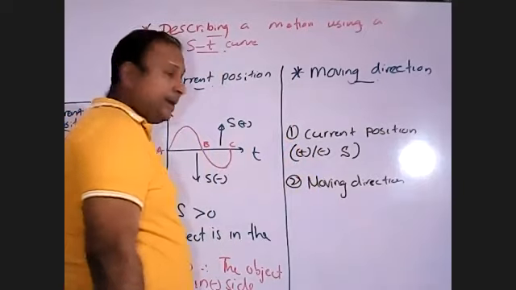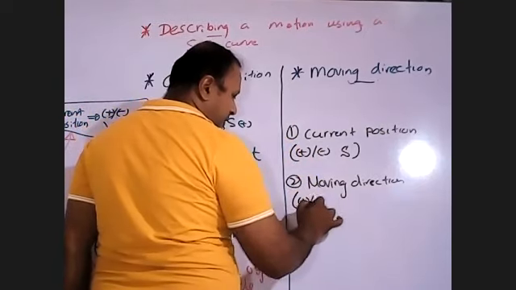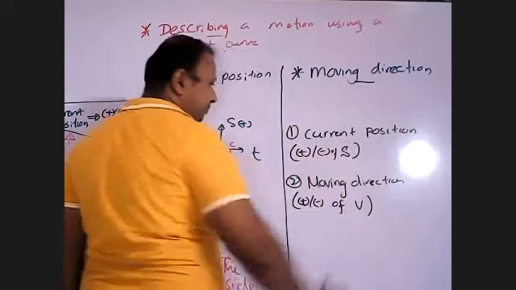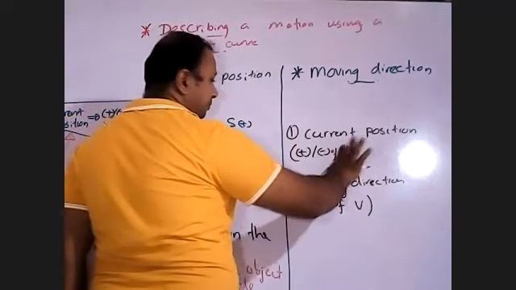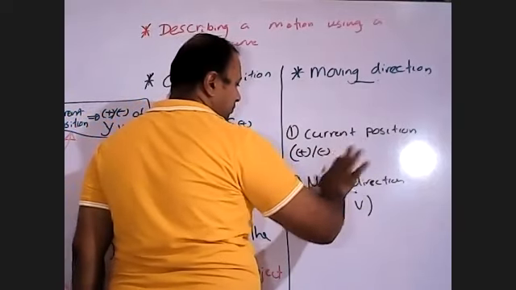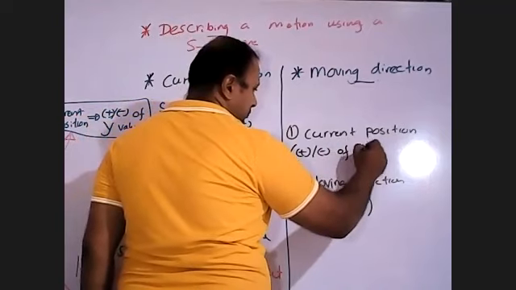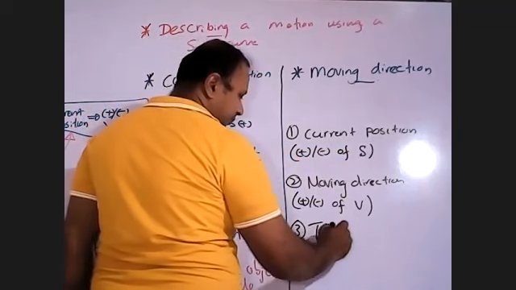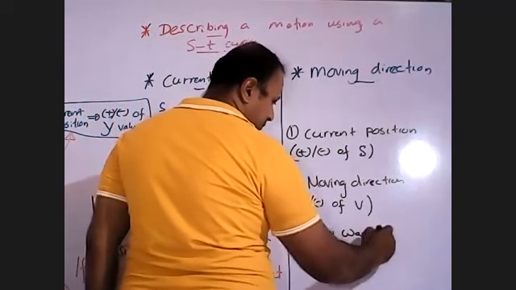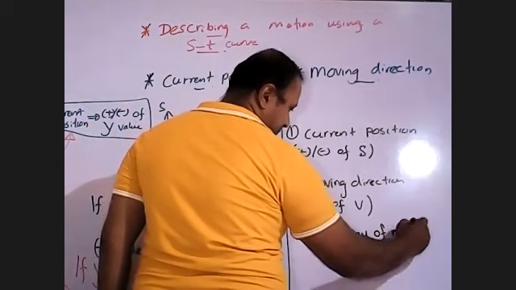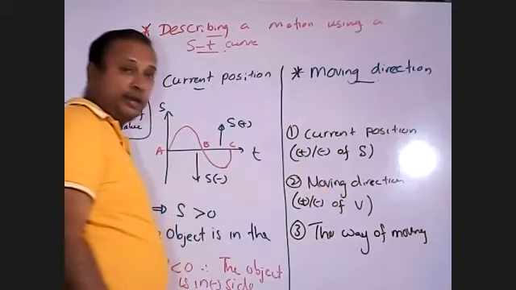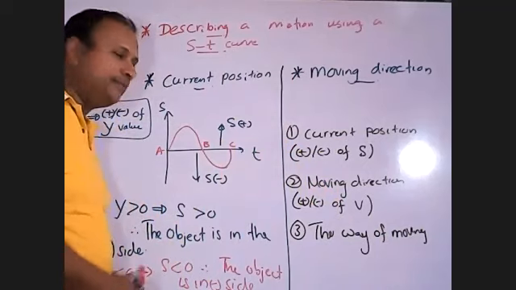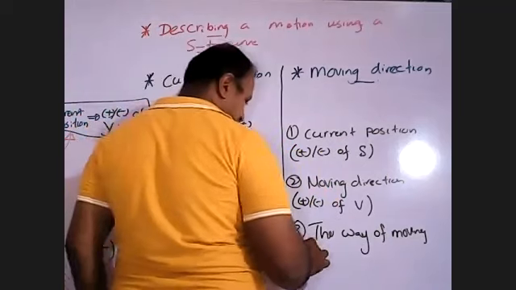It is decided by the positive or negativeness of velocity. Third one, the way of moving. It is decided by the change of velocity with time.